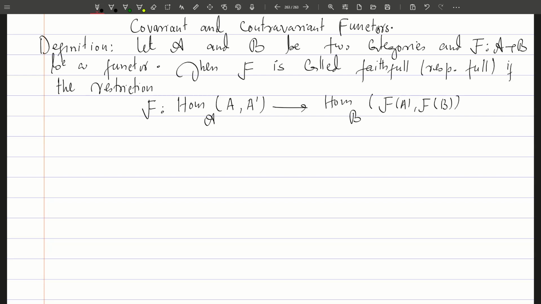So it takes a morphism f from A to A prime to the morphism F of f from the object FA to FA prime. So if this map is injective, we call it faithful, and if it is surjective, we call it to be a full functor.